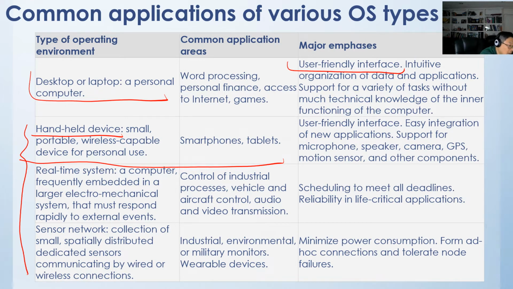Okay. Now, there's another type of computer system called a real-time system. You probably don't even notice this type of computer system. Smartphones are some of the very powerful devices, and real-time systems are sometimes embedded in many devices.